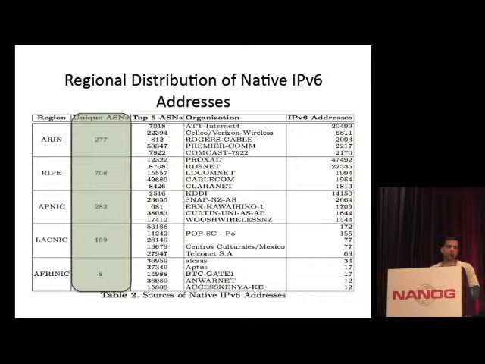So for ARIN, we see about 277 unique ASNs using native IPv6. RIPE again is twice the number, and APNIC again at about 200 unique ASNs, not 1,000.